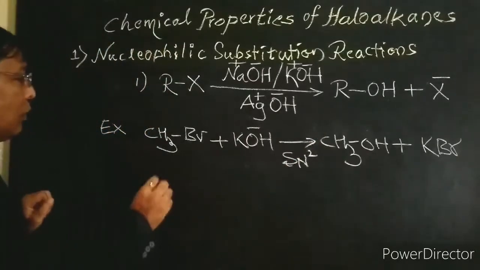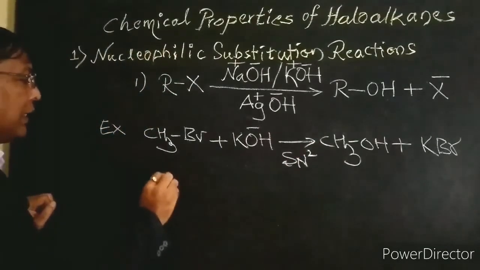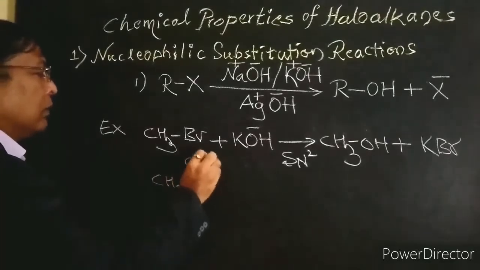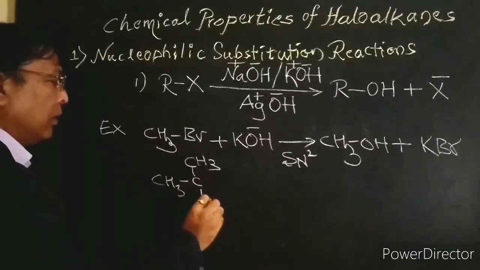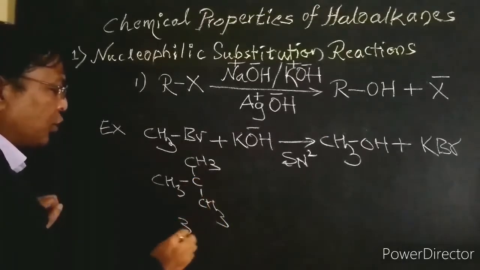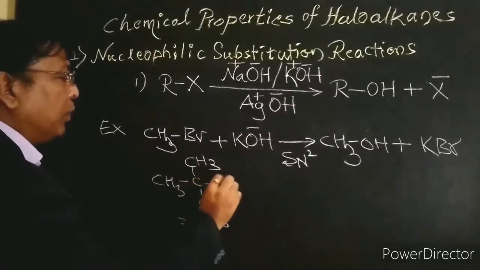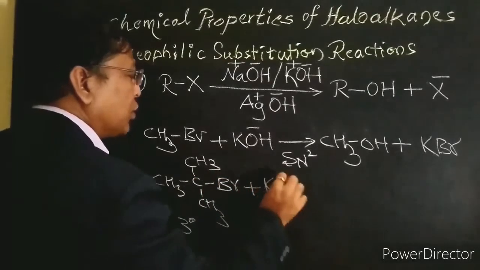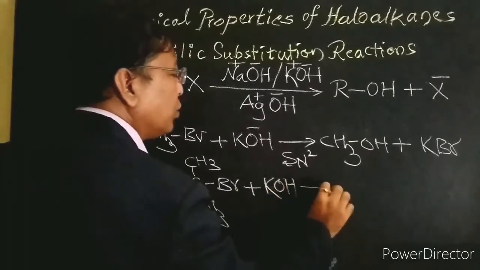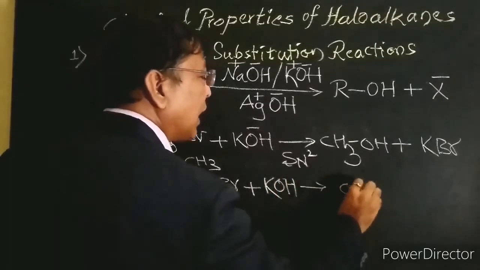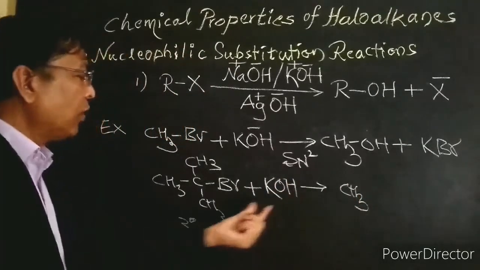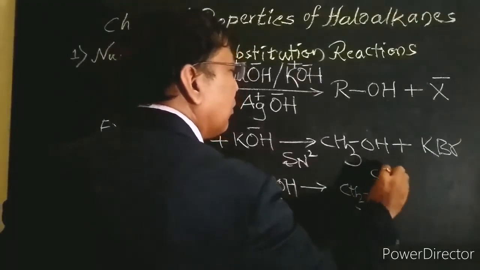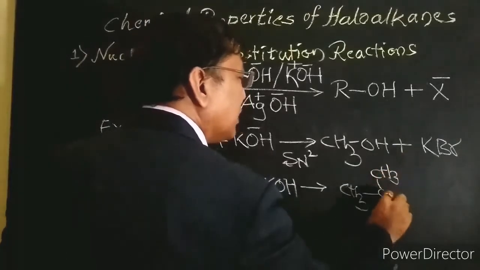Now I'll take one more example. Now I take (CH3)3C-Br. This is tertiary butyl bromide, and if we take tertiary butyl bromide, again we are going to get alcohol, that is tertiary butyl alcohol, because the nucleophile OH minus is substituted to the sp3 hybridized carbon.